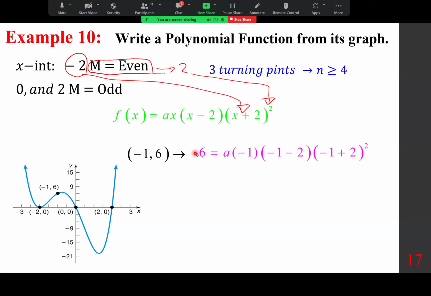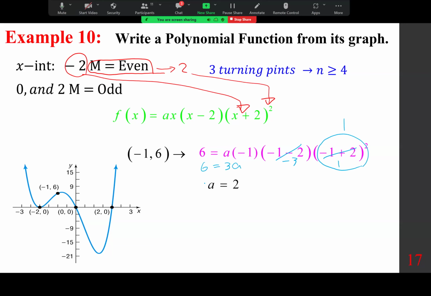Plug in. -3, +1. And I hope you notice that when you square it, this is still 1. And so 1 times negative 3 is negative 3, times negative 1 is positive 3a, so 6 equals 3a, divided by 3a, a becomes 2.